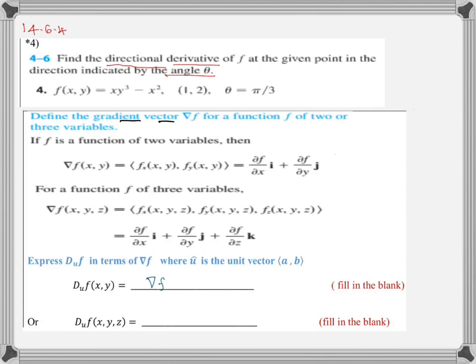D u of f of x, y is del f of x, y dot u, the unit vector u. So it's a dot product. That is for two dimensions. For three dimensions, it is del f at x, y, z dot product with the unit vector u. The unit vector u gives the direction, and del f is the gradient vector.